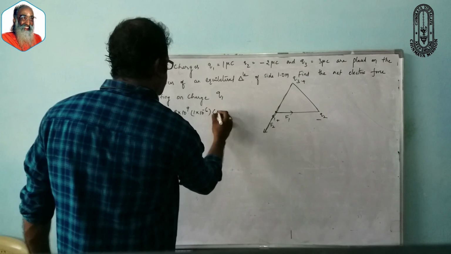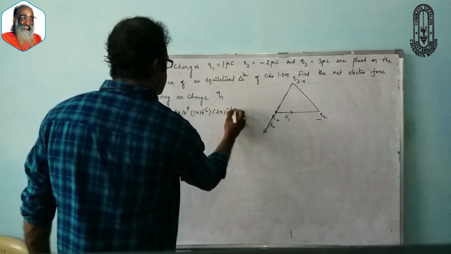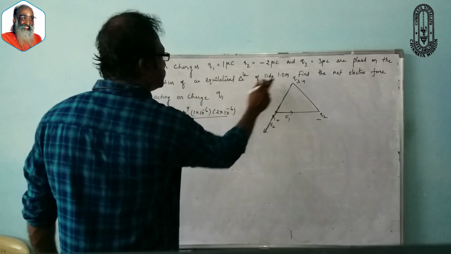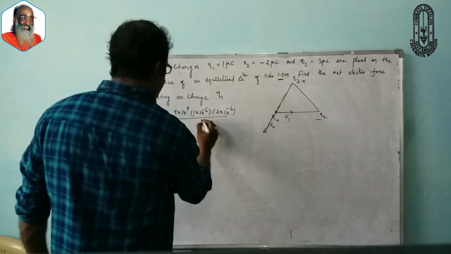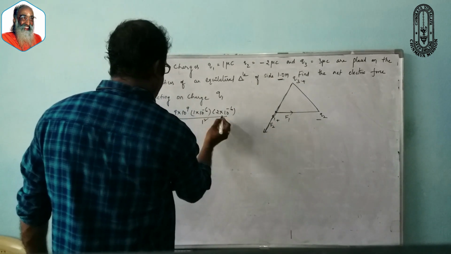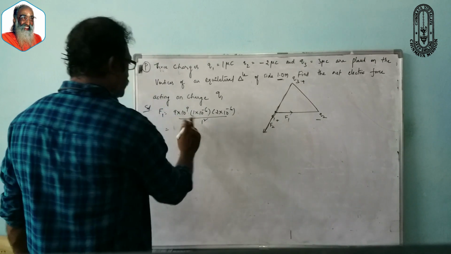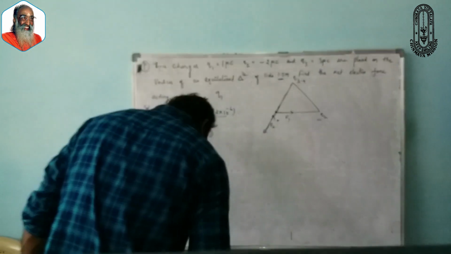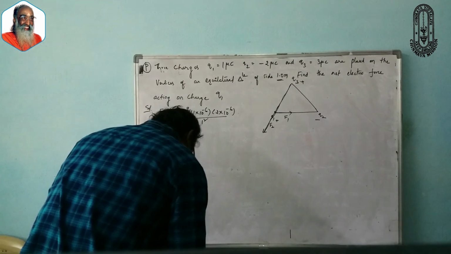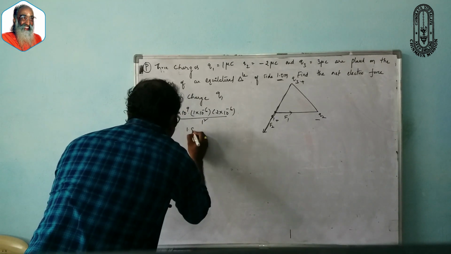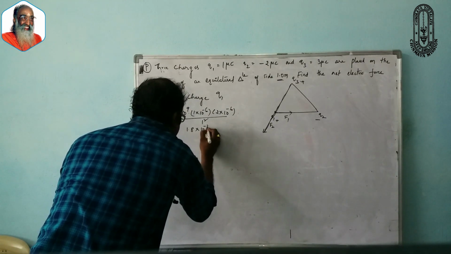So now it is 2 into 10 to the power of minus 6, and the distance between them is 1 meter, so it is r square, 1 square. So 9 into 10 to the power of 9, the value will be 1.8 into 10 to the power of minus 2 Newton.